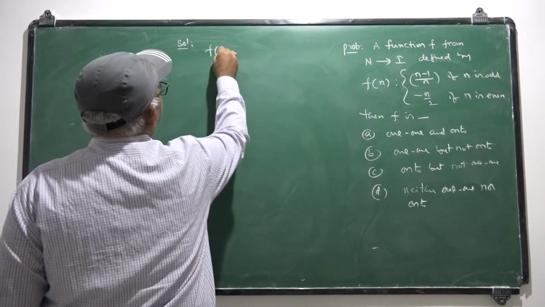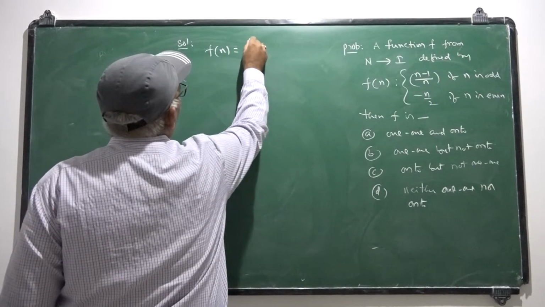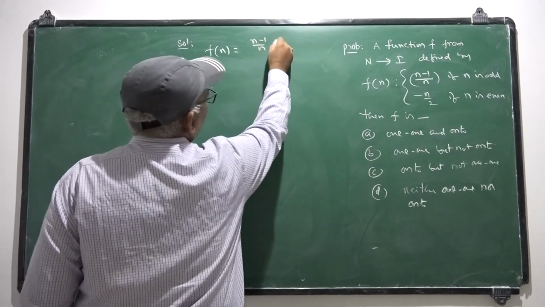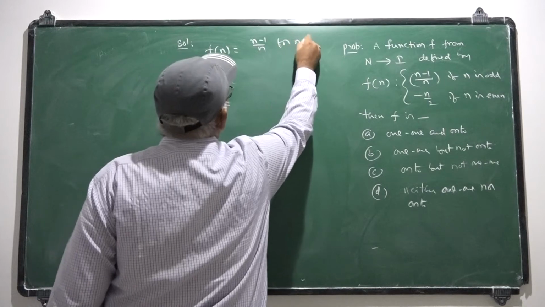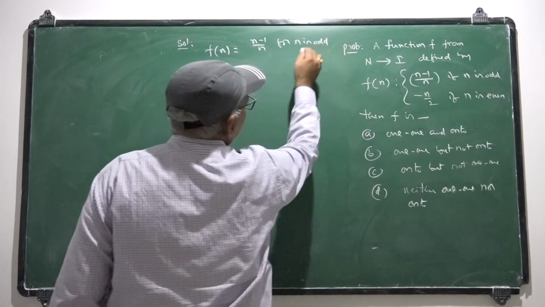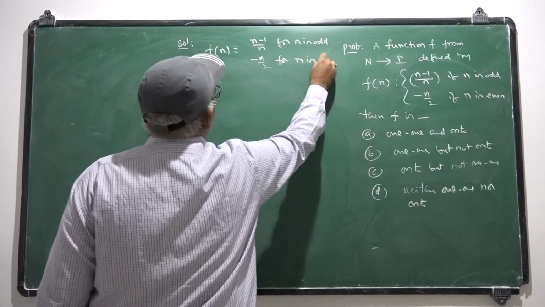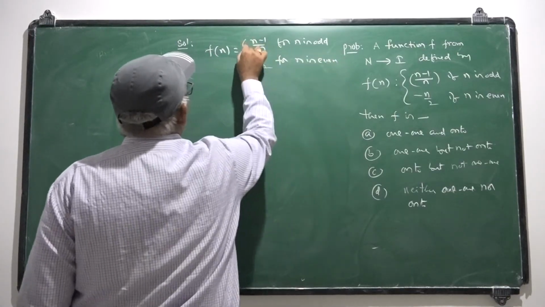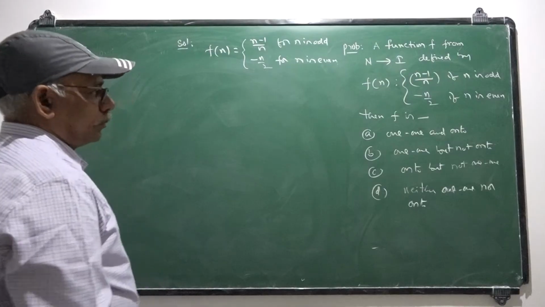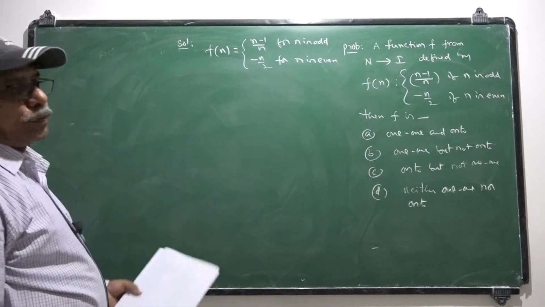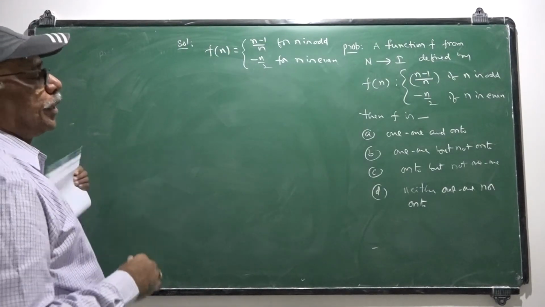Given f of n is n minus 1 by 2 for n is odd, minus n by 2 for n is even, where n belongs to the set of natural numbers.